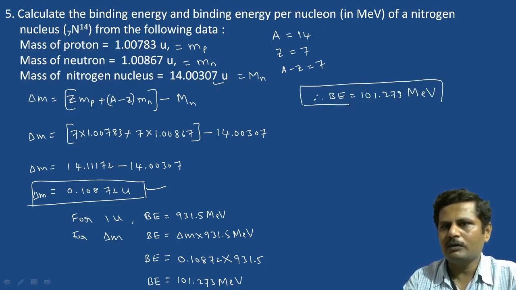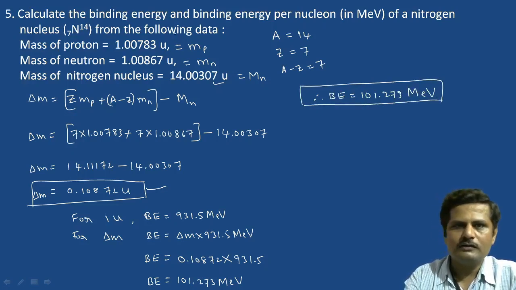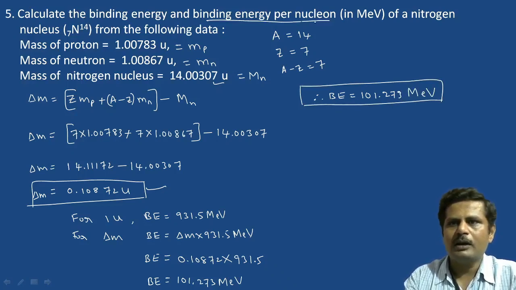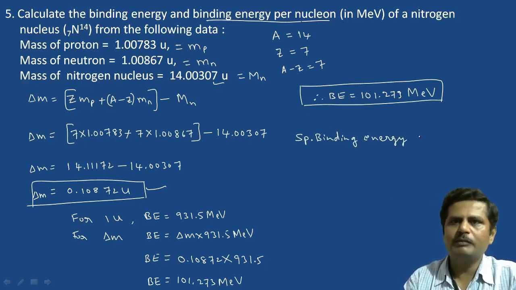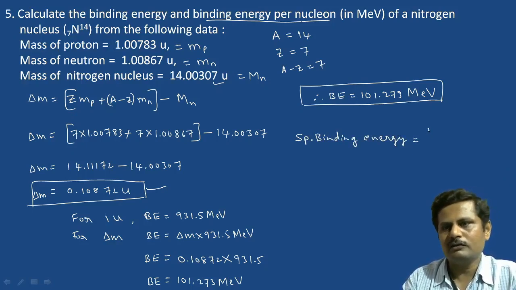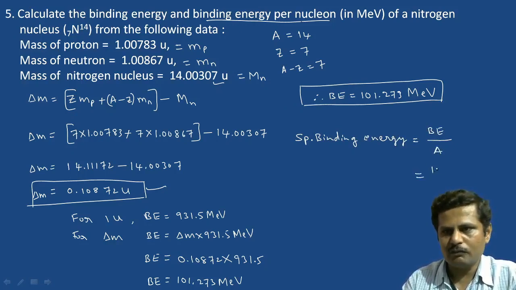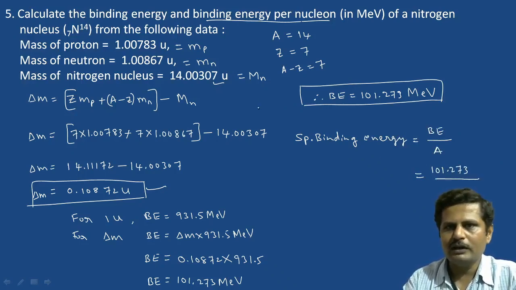And one more parameter we need to find out in this question, that is binding energy per nucleon. Binding energy per nucleon is also called specific binding energy. See, specific binding energy is nothing but binding energy per nucleon. So specific binding energy is equal to binding energy per mass number. So here binding energy is 101.273 mega electron volt divided by the mass number, 14.